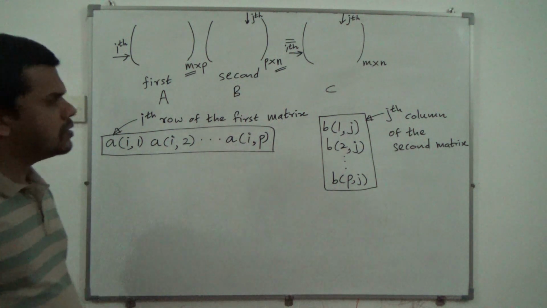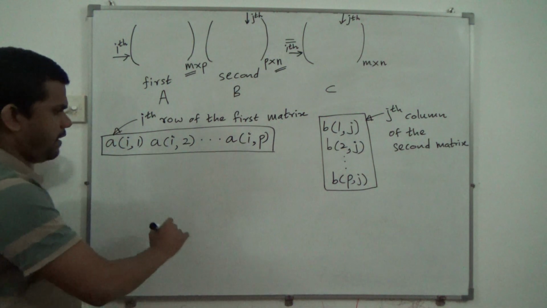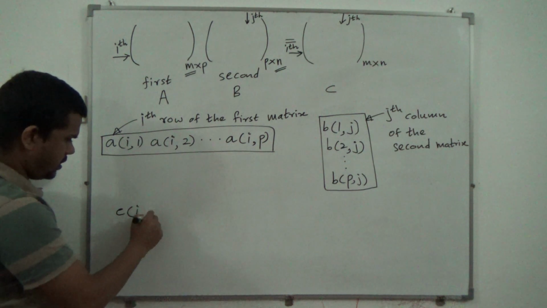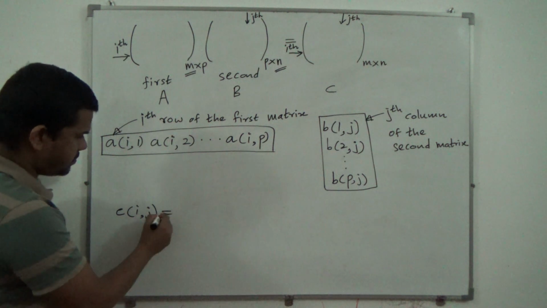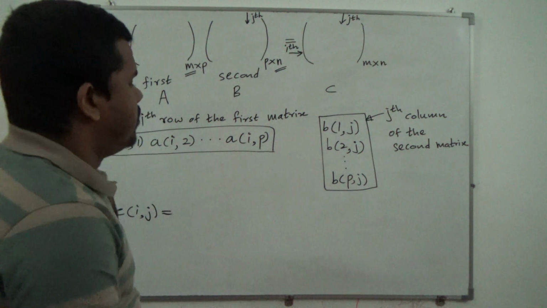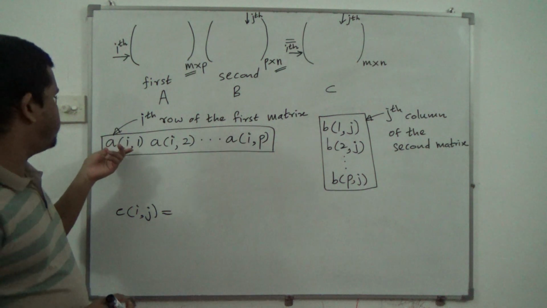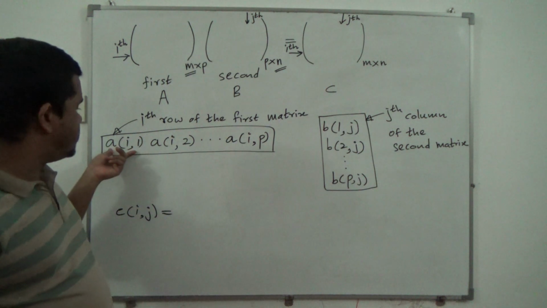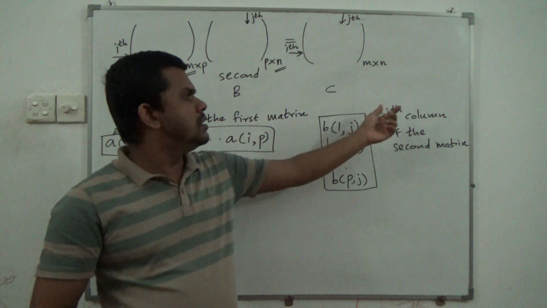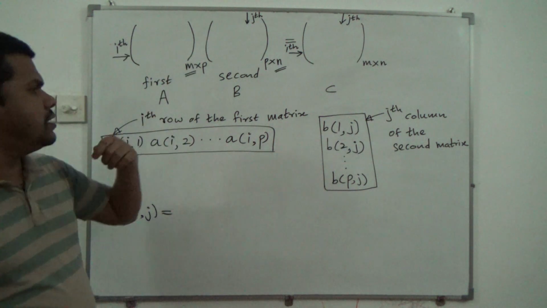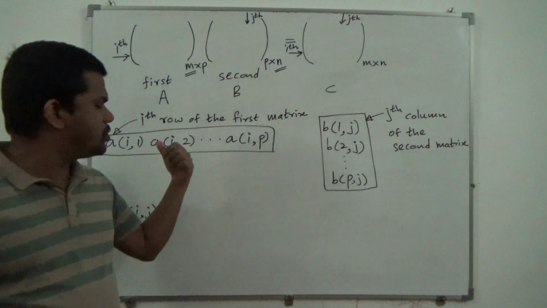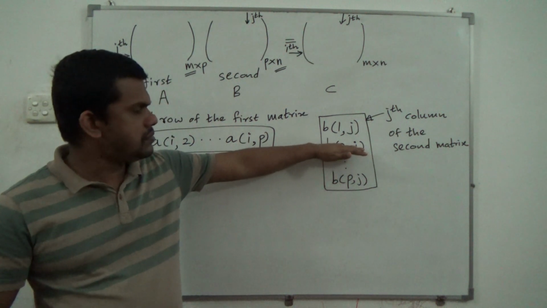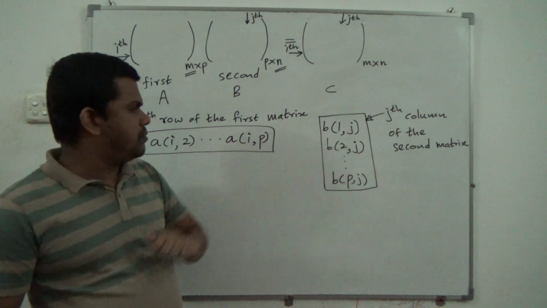Now, in order to compute c i comma j, we have to multiply the first element of this row by the first element of this column, the second element of this row by the second element of this column.